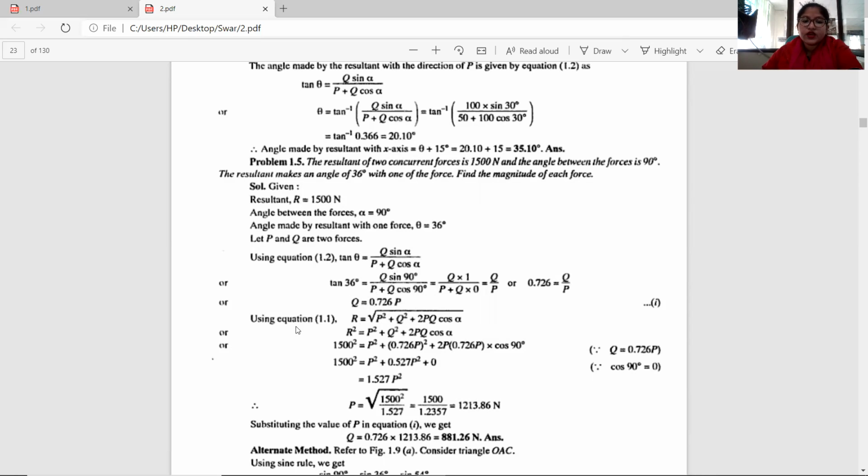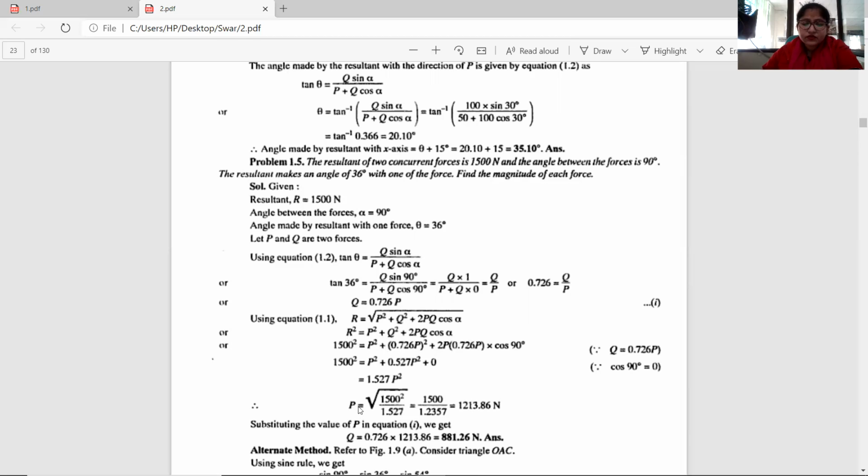my Q will be 0.726 P. Then my magnitude formula is R equals under root of P square plus Q square plus 2PQ cos alpha. I have to remove this under root by squaring both sides. Then R square equals P square plus Q square plus 2PQ cos alpha. Put the value of R, the value of Q, and the value of alpha in this equation.